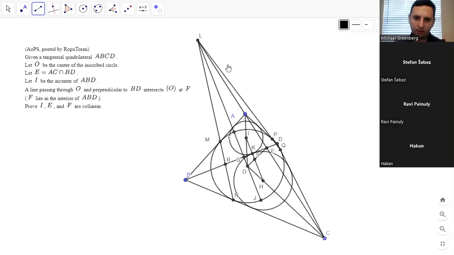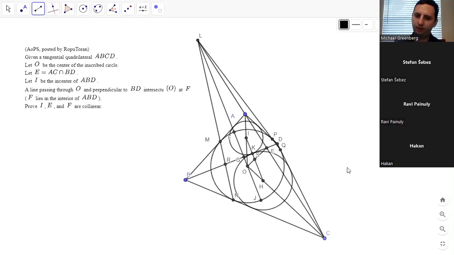Because BB is the polar of L, right? And so L, F, G, and J are in harmonic conjugation. I think that might help us a little bit. Since L, F, G, and J are in harmonic conjugation, FG over GJ should be LG over LJ.